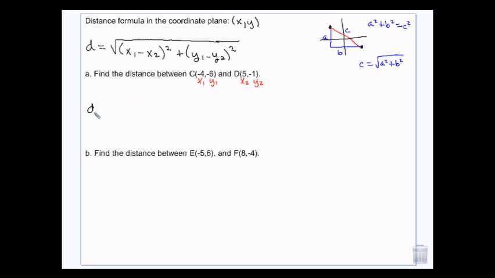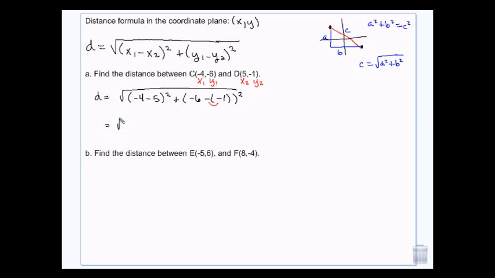And then you plug them into our formula. x1 is -4, x2 is 5, y1 is -6, y2 is -1, and remember it's minus y2, so it's minus a negative, and that is positive.